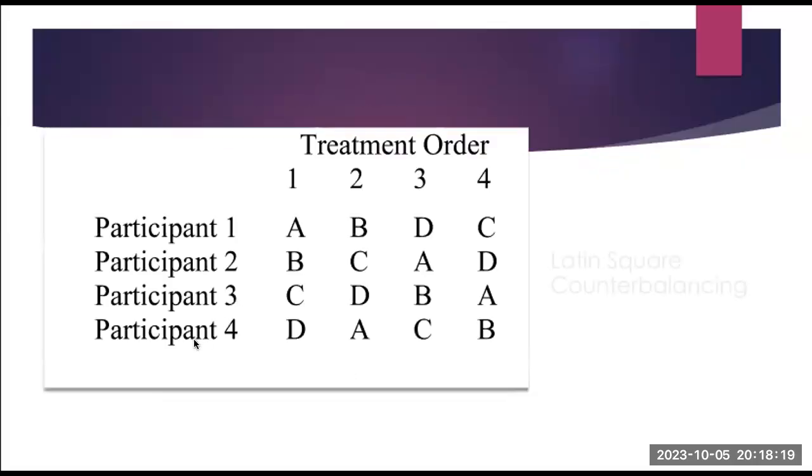Here, for example, we have different treatment orders. We have 4 different participants, and each participant is randomly assigned to get one of these orders. In order 1, they get A, B, D, C. The second participant gets B, C, A, D. The third participant gets C, D, B, A, and the fourth participant gets D, A, C, B.